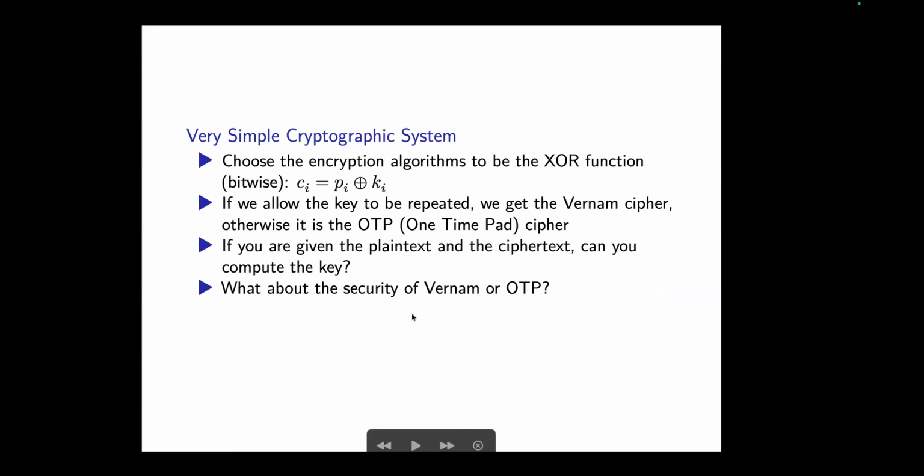So if we have this very simple system, let's say I have a plain text M, my message, and I encode it as bits. So I have a sequence of bits, and it finishes with 3 ones. This is my message.